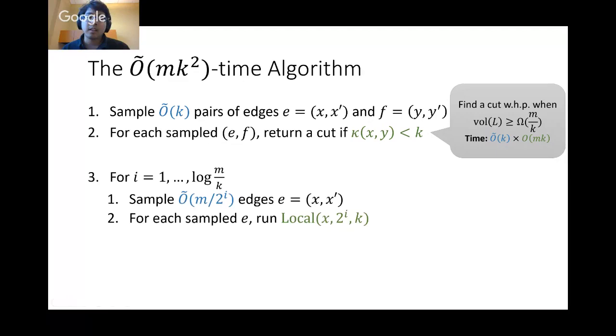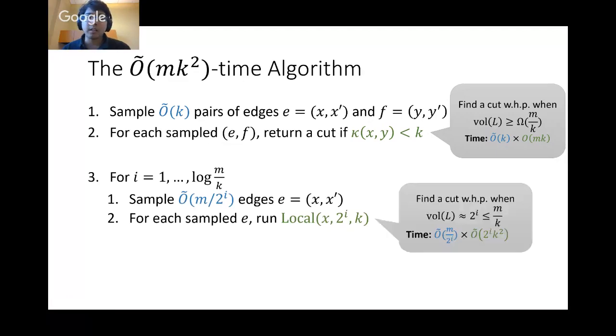In the other case, when the cut is not balanced, we just do this for each 2 to the I. We detect it in time M K square as well. If you cannot detect any cut in both cases, you just declare that the graph is K connected.